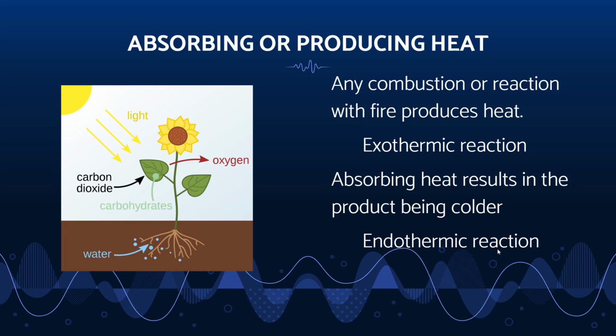So endothermic would be heat going into it. Exothermic, producing heat, is leaving. Endothermic, absorbing the heat, is going in. It's going endo it. So any change in temperature will indicate a chemical reaction.